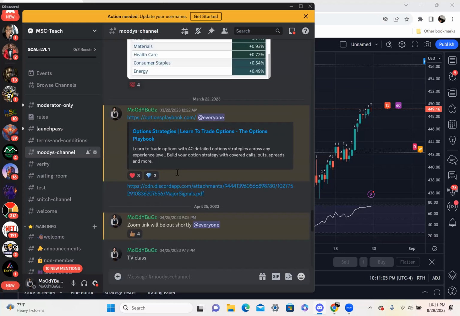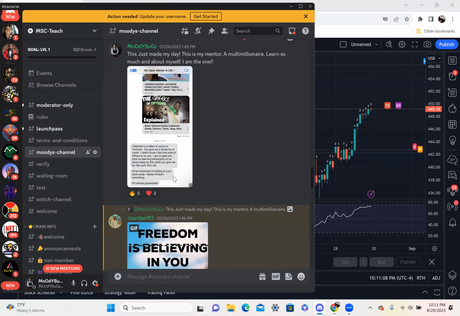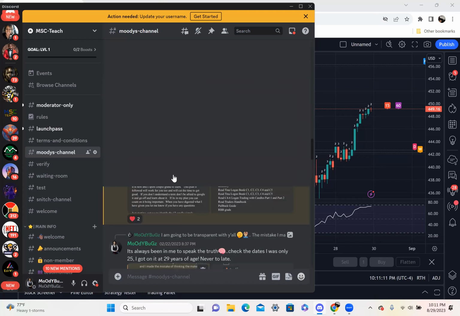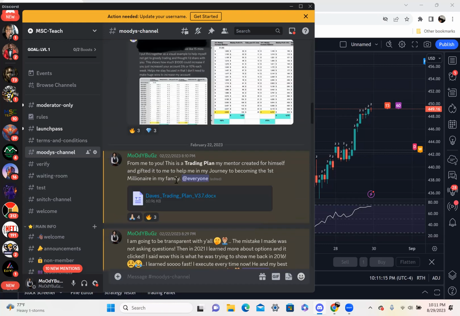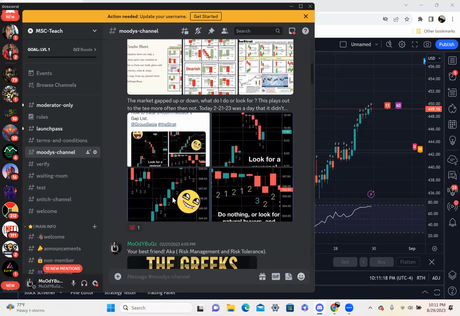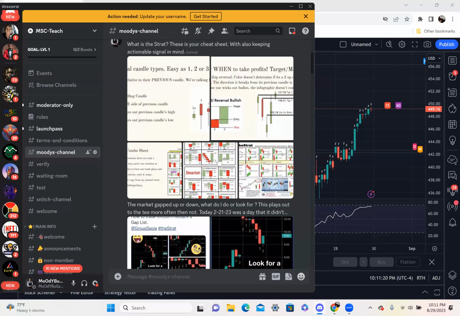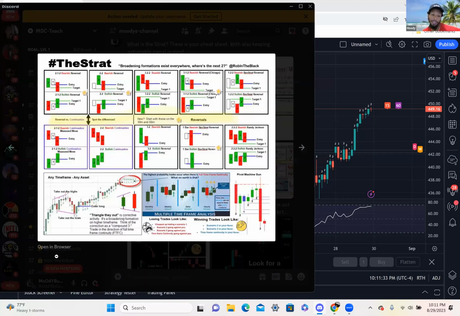That inside candle, Stratters like that inside candle because then you get to kind of pick a side when it breaks out the other side of the bigger candle, so that it tells you where to go. Mm-hmm. What's your question though? Because I'm just agreeing with you. Well, actually, it wasn't a question. It was a statement. Oh, okay. But no, yeah, absolutely.